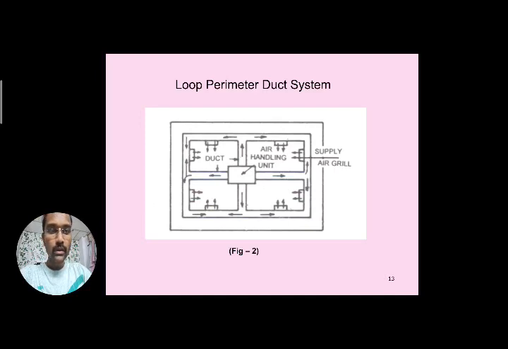The outer one is a closed one, and you can see the air handling unit is provided at the center. It is the main air handling unit where all the return air or fresh air, whatever air has to be supplied into the different sections, will all be handled here. The grills are provided. You can see small rectangular sections. Through the grills, the air is entering into the rooms. Consider these are the center, all the 4 rooms like that.